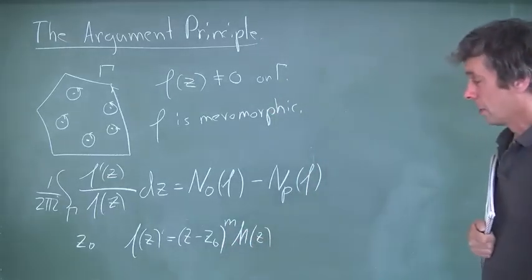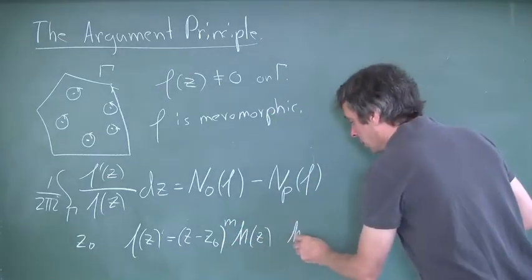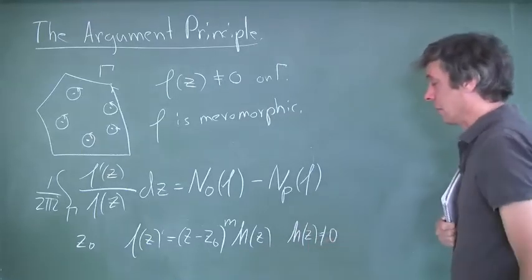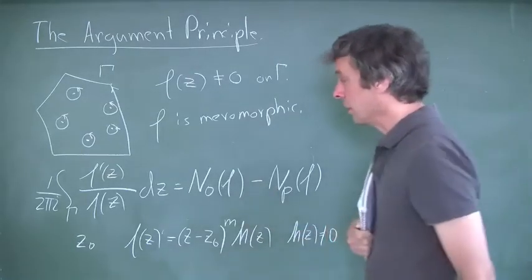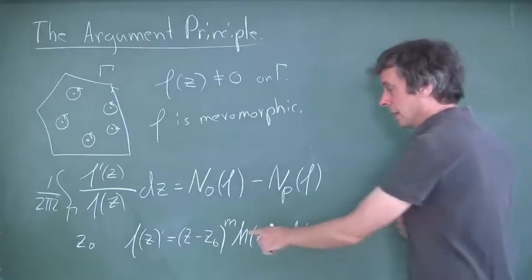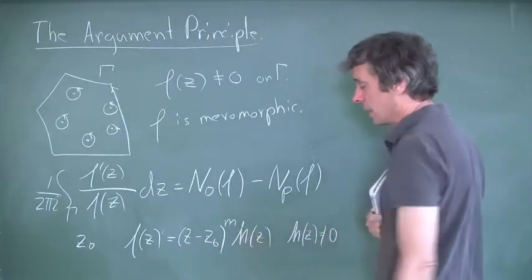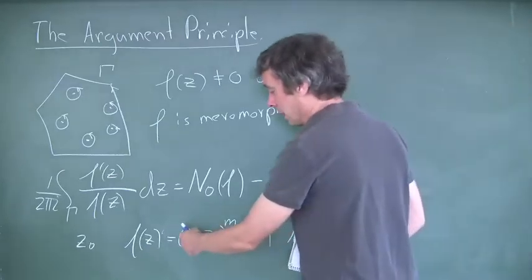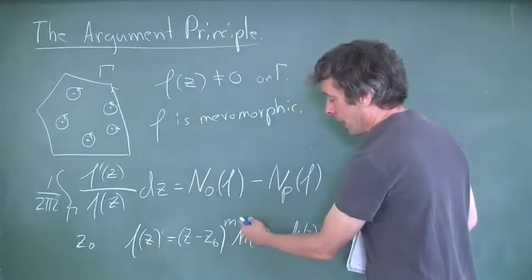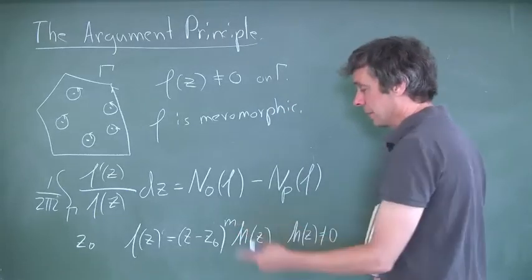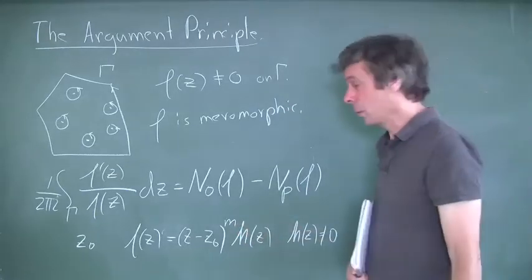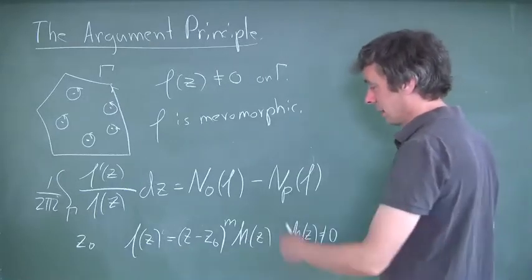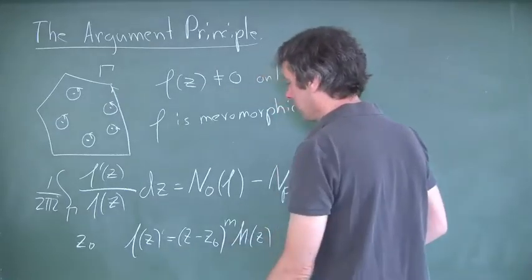And it's important to note that we can assume that this function h is different from 0 in the interior of the circle. And if m is positive, this is of course the case when you have a zero of order m. And if m is negative, it's the case when you have a pole of order m. So we can actually manage both cases at the same time.